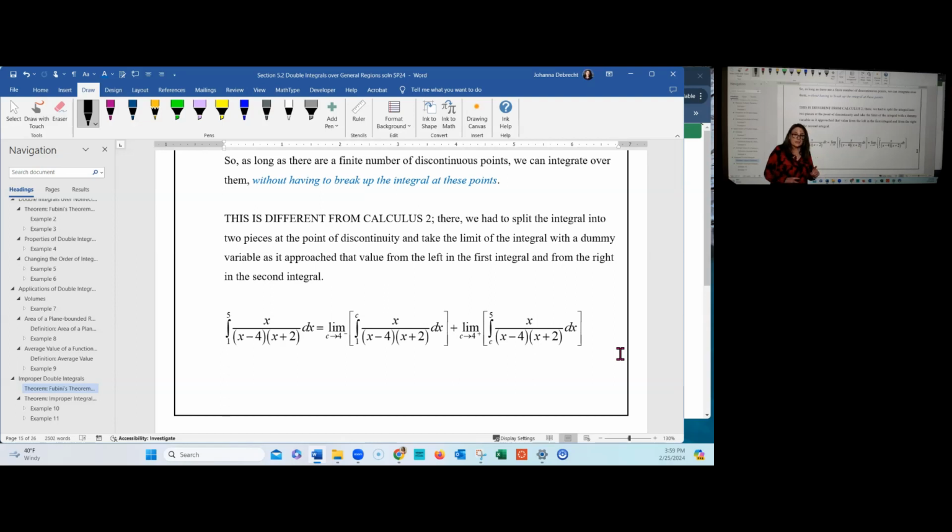This is very different from calculus 2. In calculus 2, we had to split it, as you see here at the bottom. But in multivariable calculus, we can simply plow right over it all. And as long as there's only a finite number of discontinuities, it will still give us the correct value.